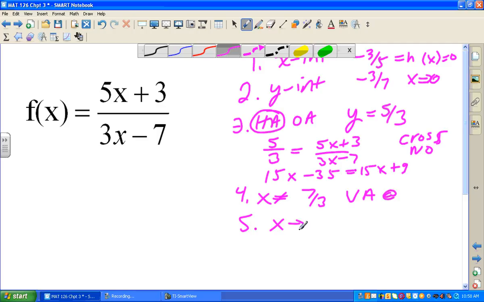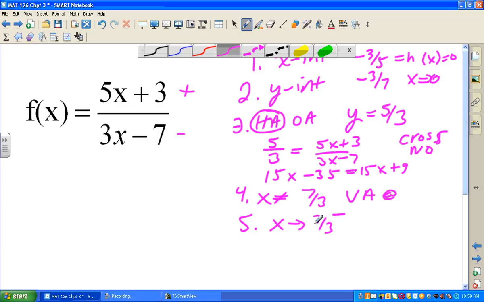As x approaches 7/3 from the left, is it going to be positive or negative? Well, the top up here is going to be positive, right? Because it's a positive fraction. And down here is going to be negative, isn't it? So how you do that, you fill in that number for x and see what it is.